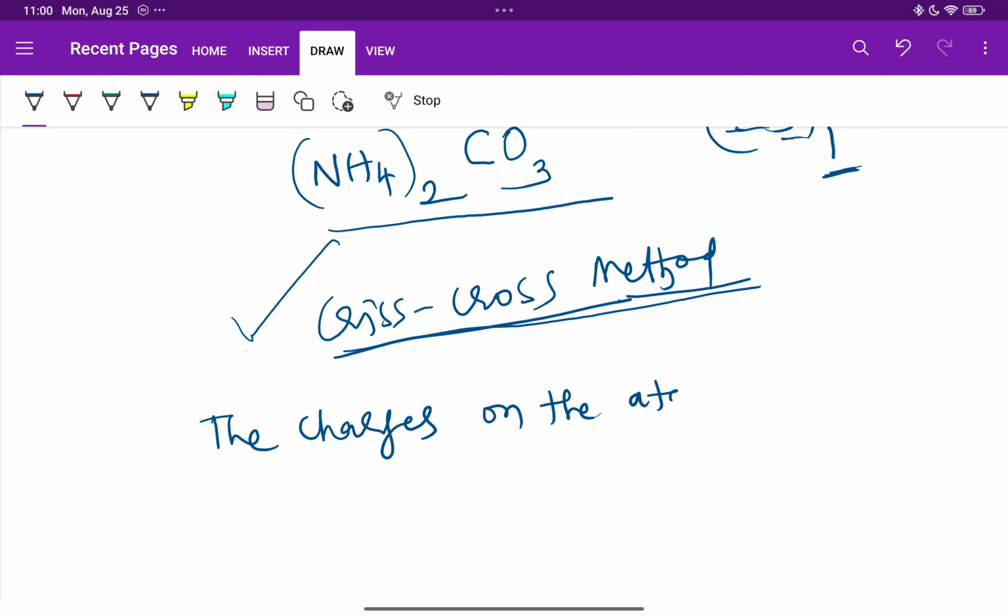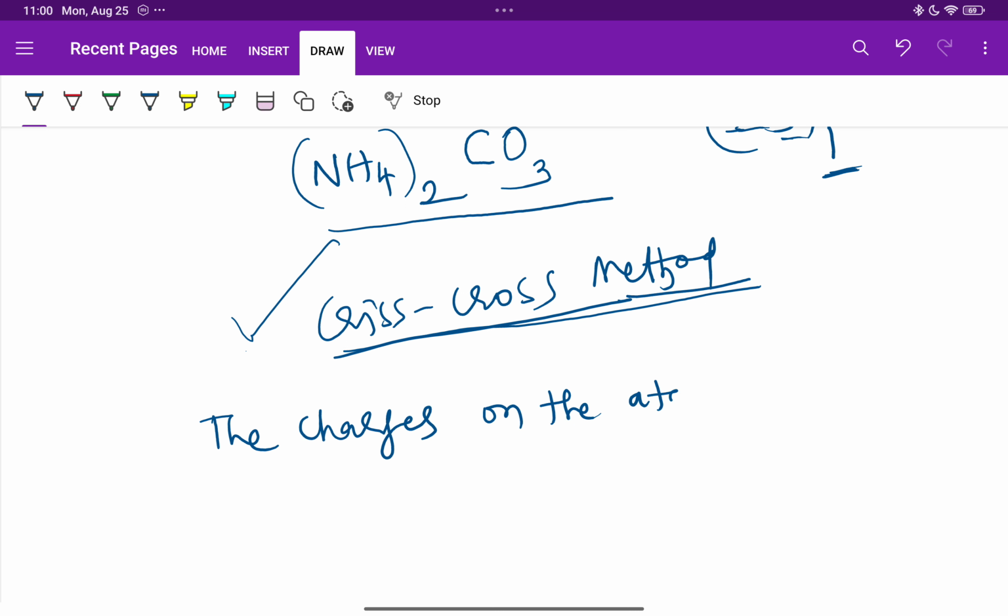of those atoms. For example, on sodium +1 is there, so its valency is 1. On fluorine F -1 is there, so its valency is 1.